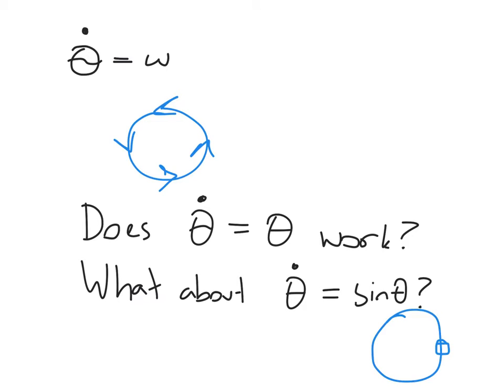And when theta is pi over 2, sine is 1, so we're moving quickly in that direction. When theta is pi, we have another 0, and when theta is 3 pi over 2, sine is -1, so we're moving this way.